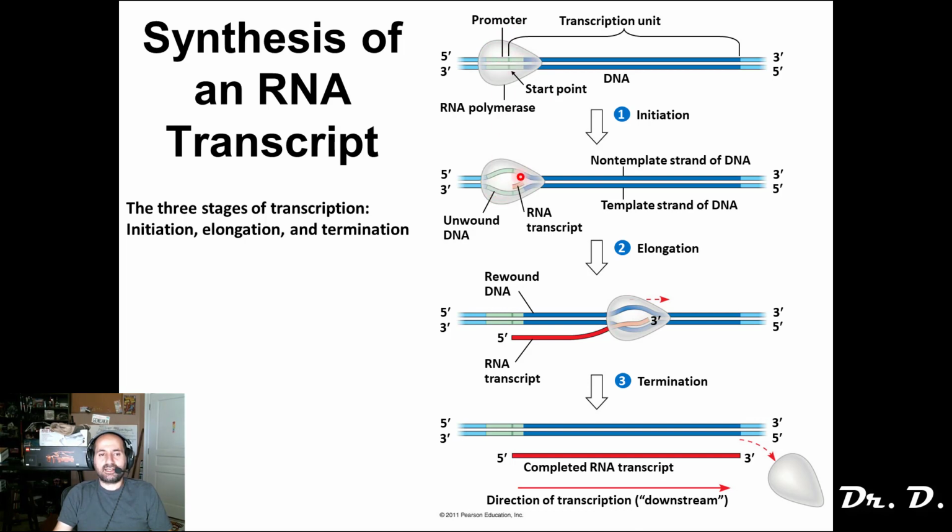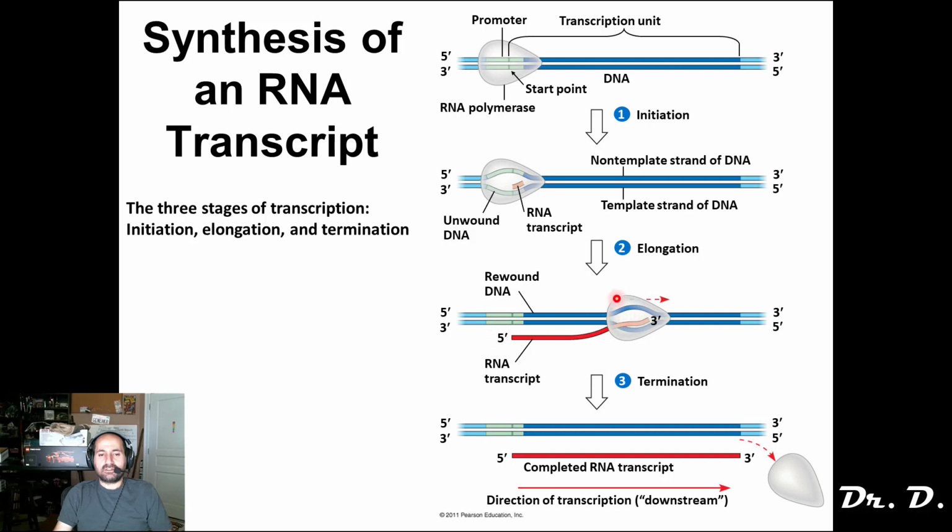RNA polymerase then has kind of helicase-like abilities. It can unwind the DNA, so basically separate the two strands from one another. And then look what RNA polymerase does. It starts copying the template strand of DNA, the bottom strand of DNA, and copying it into an RNA transcript, copying it into mRNA. And then what happens?